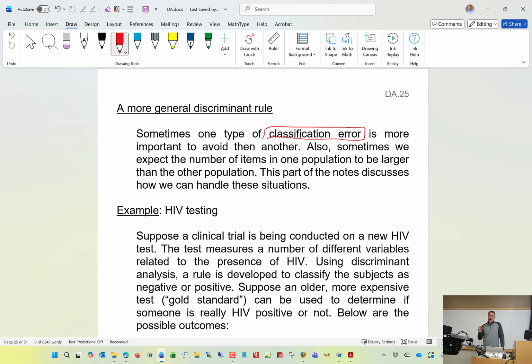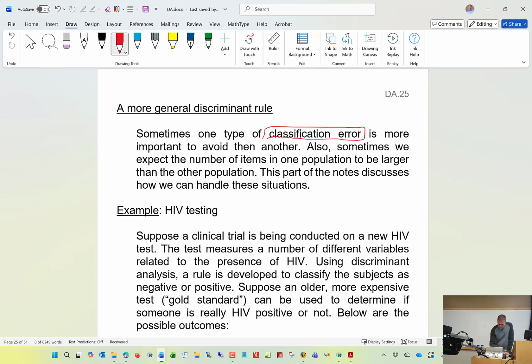And so for that reason, people take this into account, what I'm going to be talking about next, usually using some other methods instead. Sometimes a particular kind of error that you can make in terms of your classification, your prediction, can be more important to avoid than another kind of error. And so you would like to maybe take that into account in your analysis.